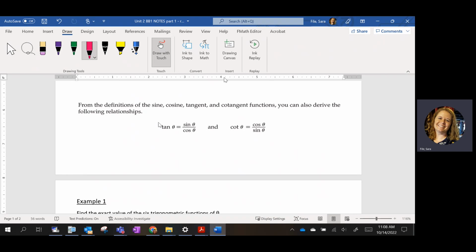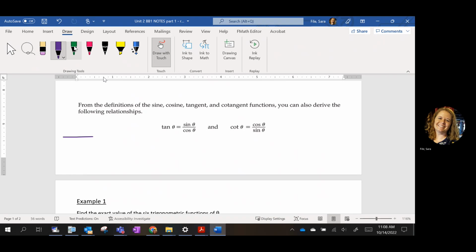Now I'm going to show you how that actually works out. So I'm going to do sine divided by cosine. The sine ratio is O over H, and the cosine ratio is A over H. Now you've got fractions in fractions, right? Not pretty. What do we do when we divide by a fraction?